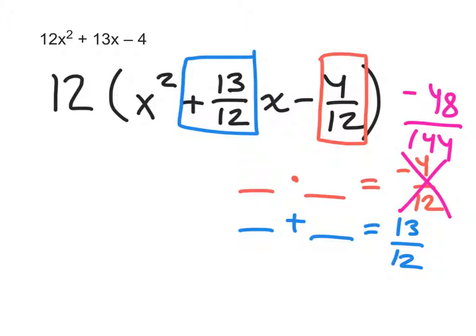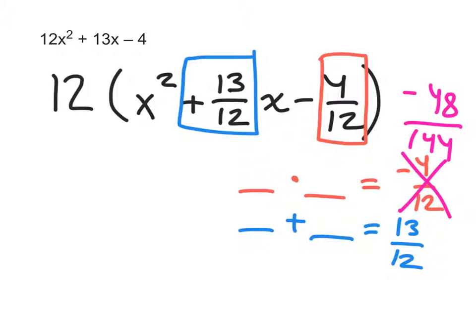Since negative 4/12 is exactly the same as negative 48/144, I now see that this is the exact thing that I've been doing when I multiply the a and the c together.